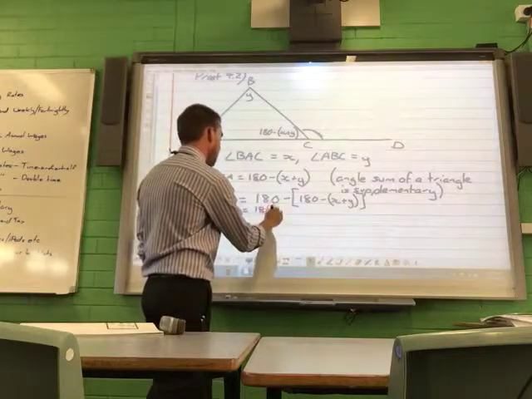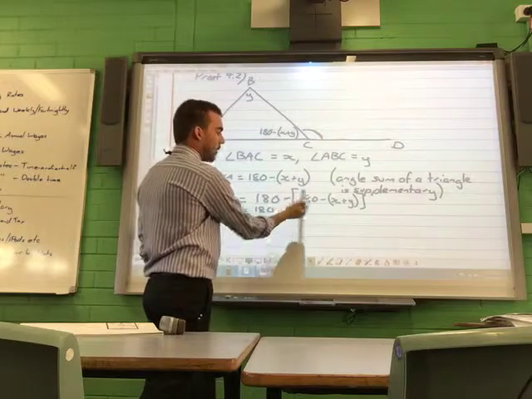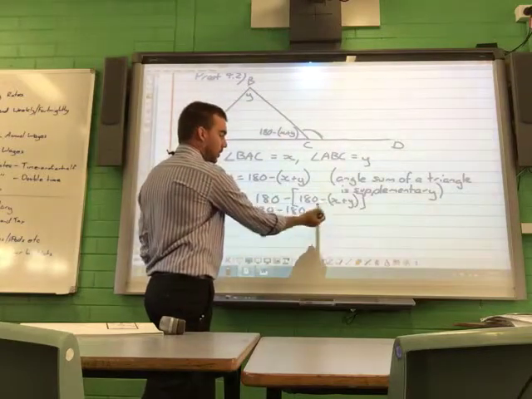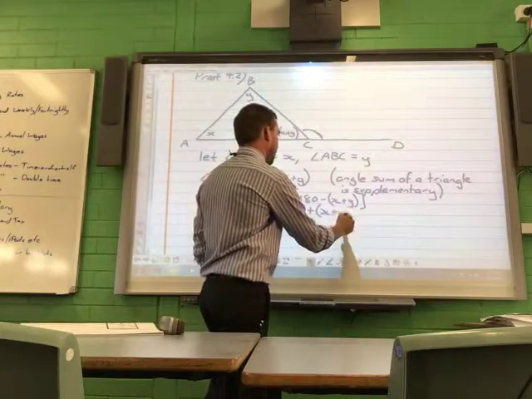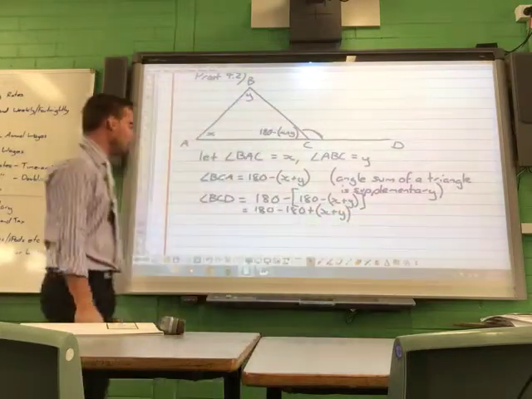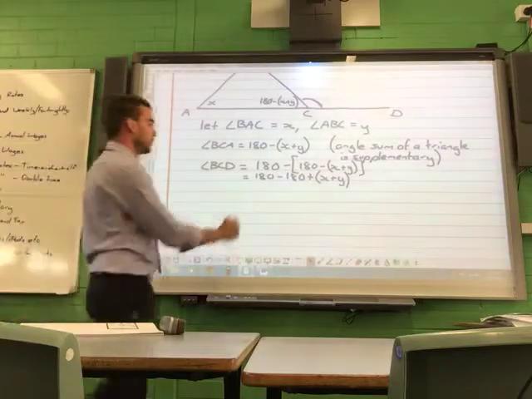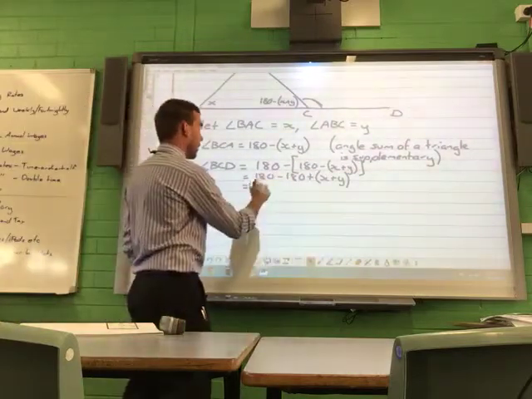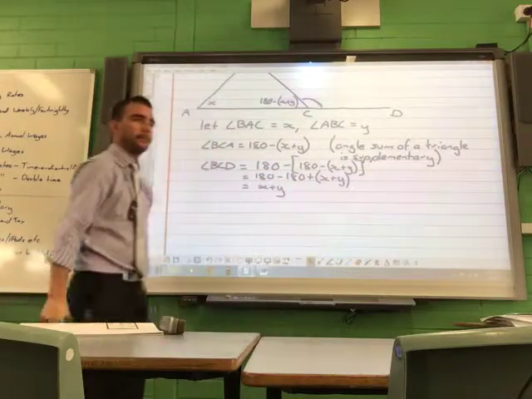So 180 take away 180, now I'm taking away a negative, which makes the plus, and then I'm going to leave that in the bracket there. Okay, so 180 take away 180 is 0, so we're left with x plus y.